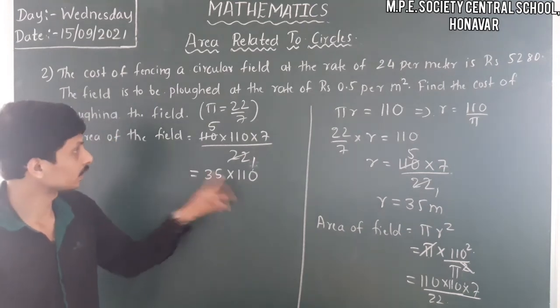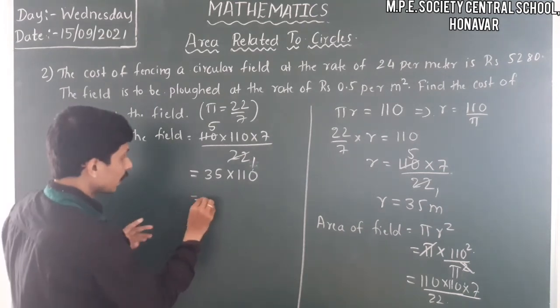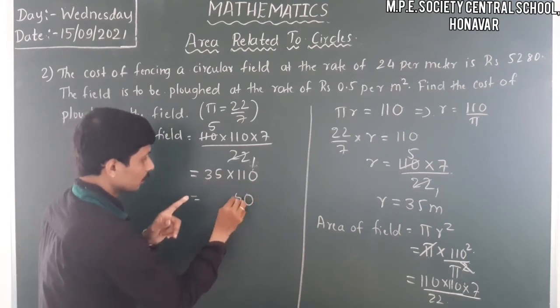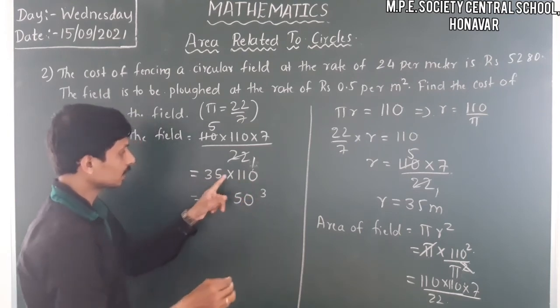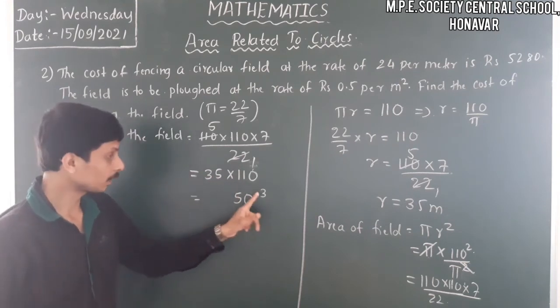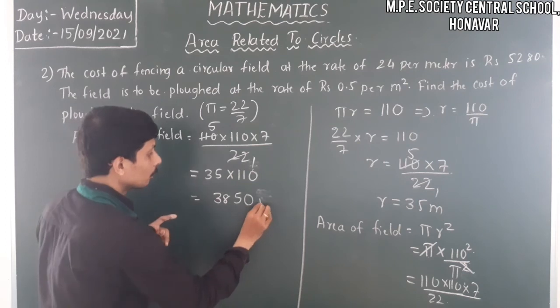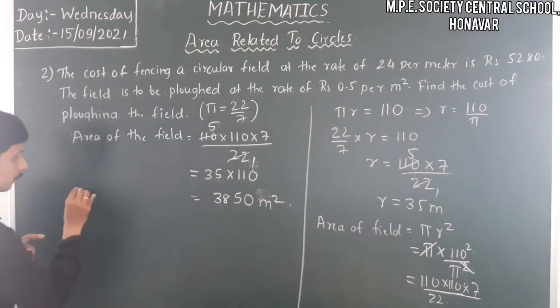Yes, 35 into 110 we have to find out. 35 into 0 is 0, 35 into 1 is 5, 3 remains, and 35 into 1, 35 plus 3 is 38. So 3850 meter square, that is the area of the field.